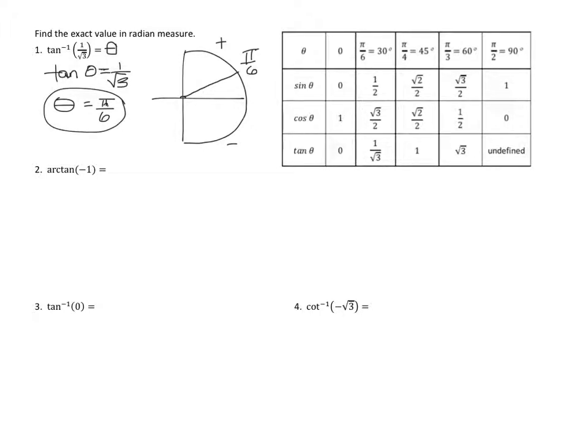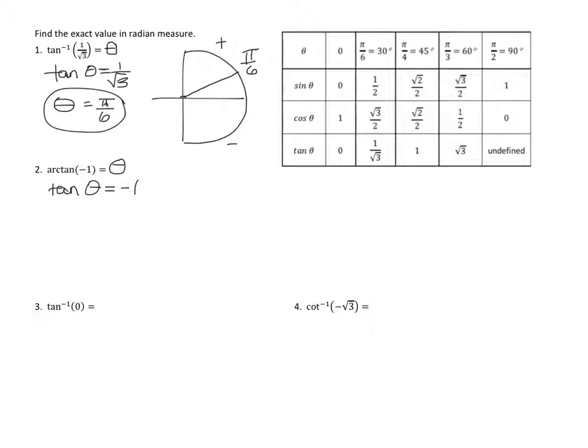In number 2, we have the arctangent of -1 equals theta. Let's rewrite it: the tangent of theta equals -1. In this case, our tangent is -1, which is quadrant 4. So let's figure out our reference angle. Where is tangent +1?